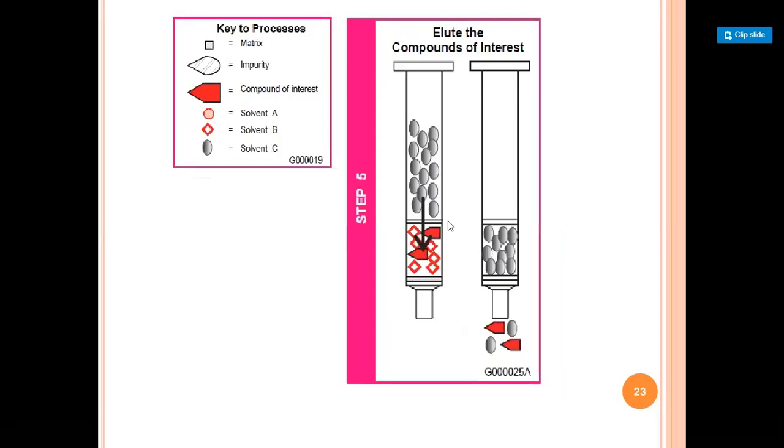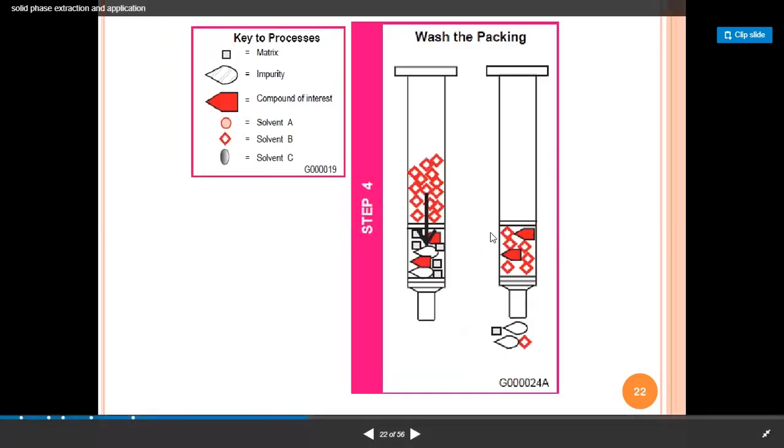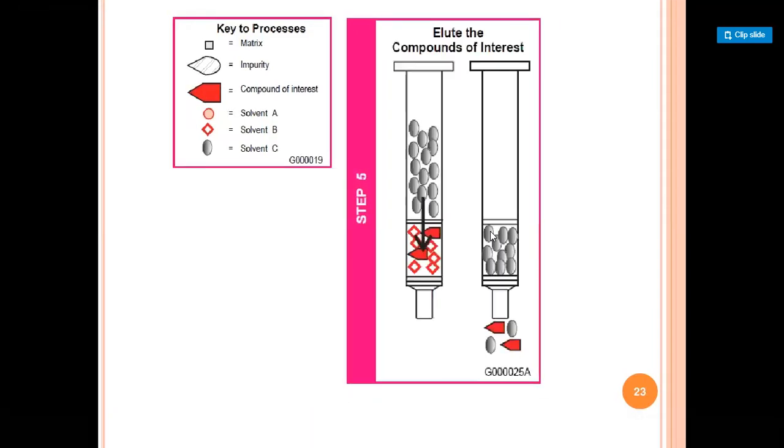After this, we will wash it out in step 4, and we have left only the compound of interest on the stationary phase, which at last will be eluted with the help of solvent C, the eluent, which will separate the compound of interest from the stationary phase, and at last we will get the purified form of the analyte.